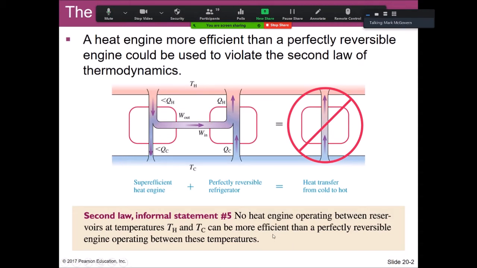We've talked about efficiency so far. Efficiencies really had a lot to do with how much of the heat reservoir we are using in a cycle, how much is expelled, how much work is being done. Well, we're going to touch more on the concept of efficiency here and how it relates to reversible engines.